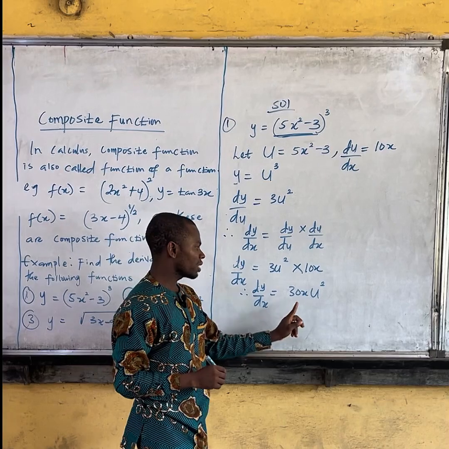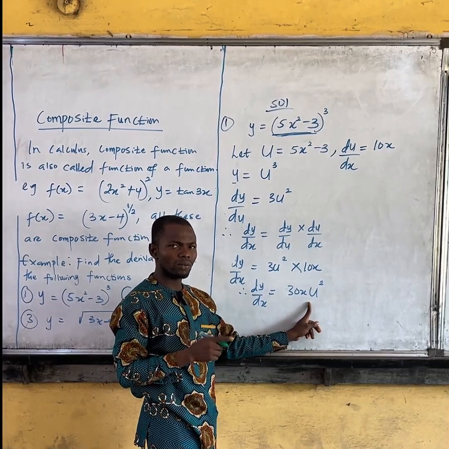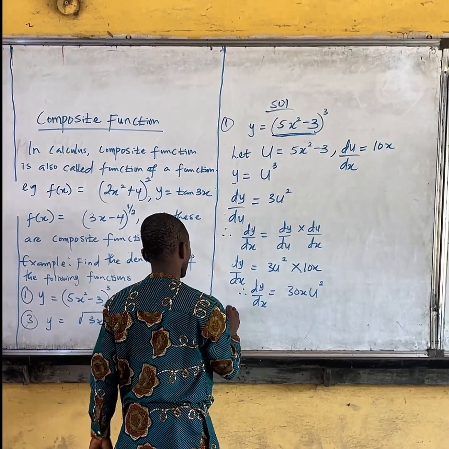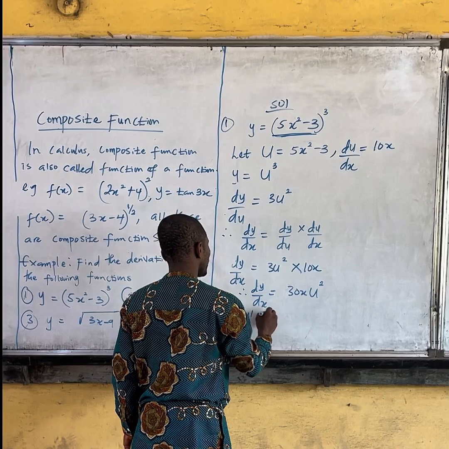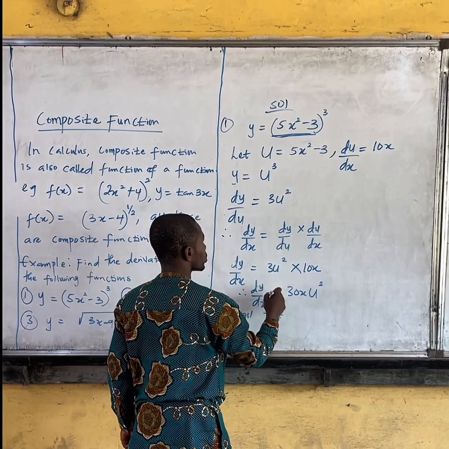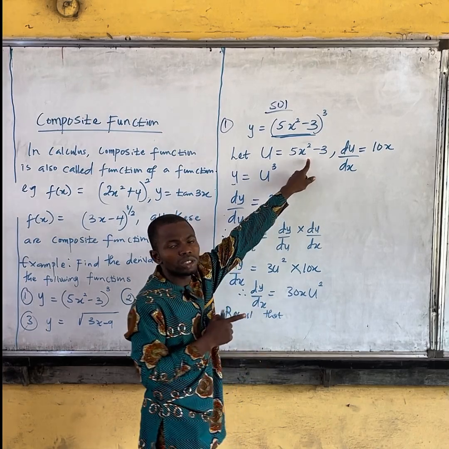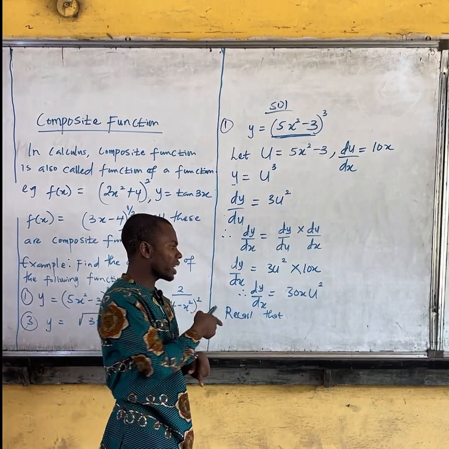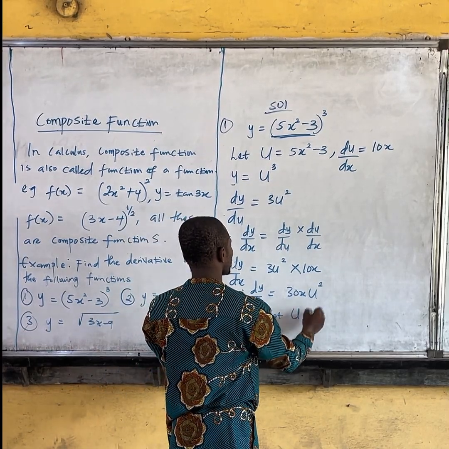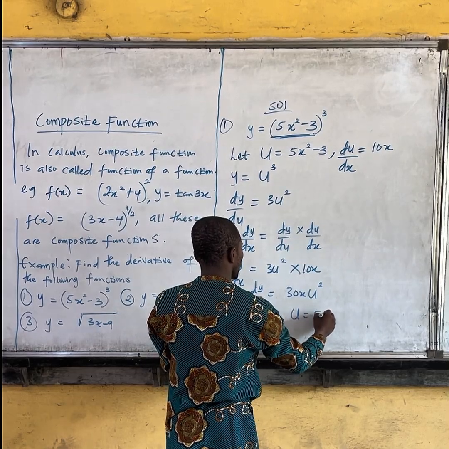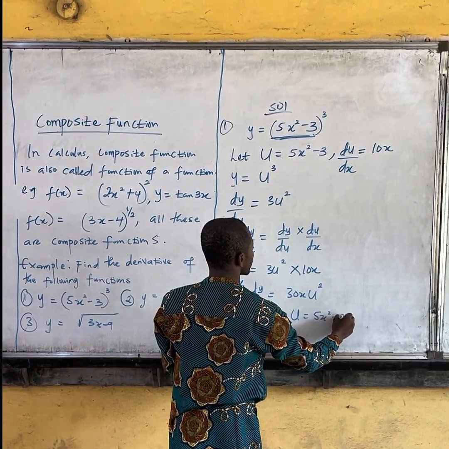But don't forget, you are given the question in form of x, not in form of u. You will now recall that initially you said let u to be this. So you now substitute your u back into the final answer. Recall that u equals 5x squared minus 3.